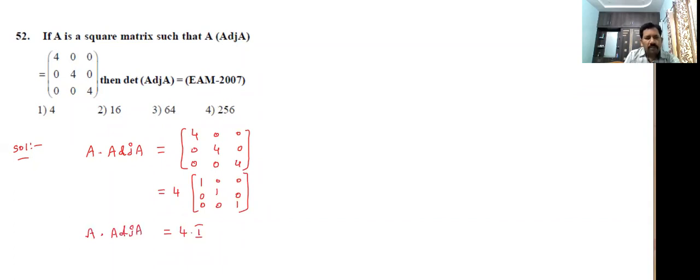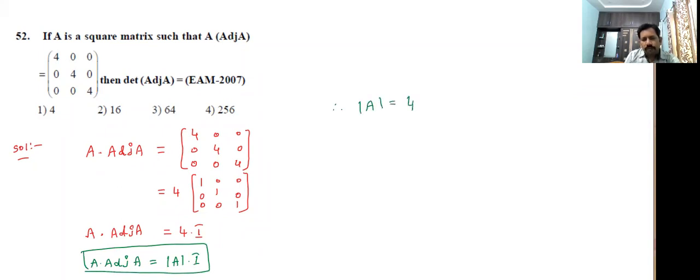But we know the formula: A into adjoint A is equal to det A into I. Yes or no? By comparing both, what is the det A value? It is 4.